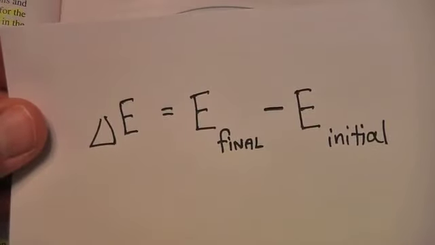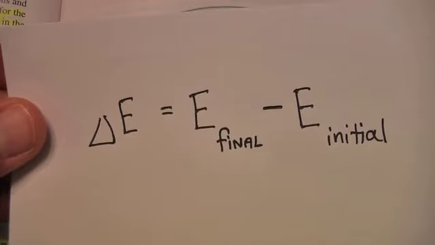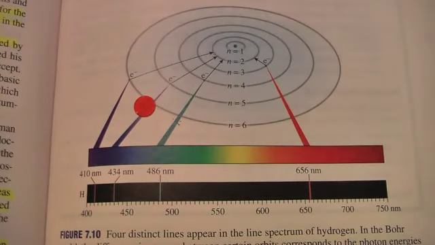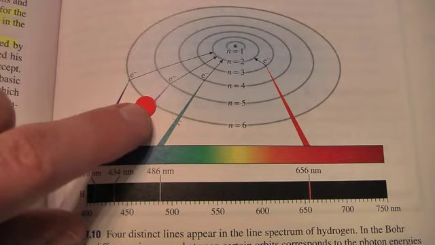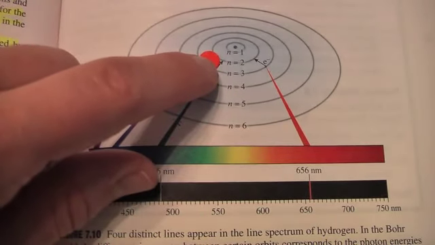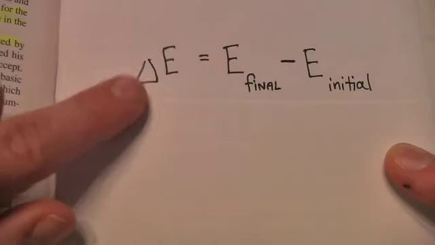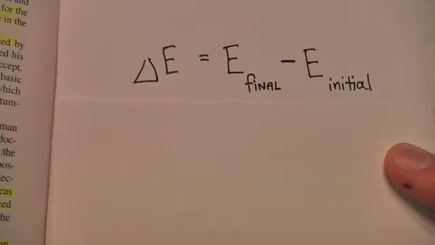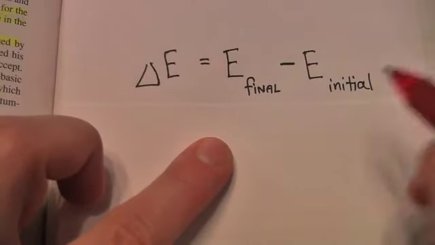The change of energy equals the final energy minus the initial energy. If that's the case, what is the change in energy for an electron going from an outer orbit to a closer orbit? The change in energy should be negative for an electron going from an outer orbit to a closer orbit to the nucleus.